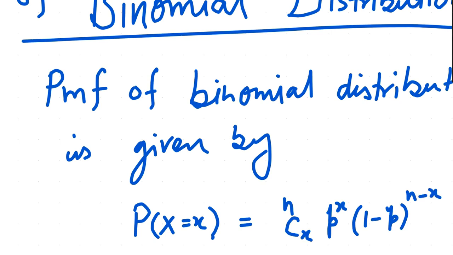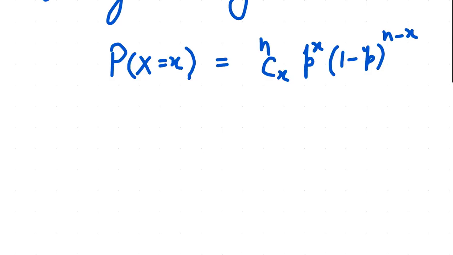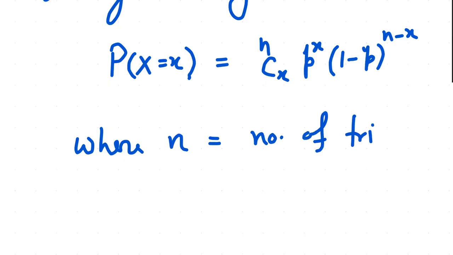So let us learn what these terms, these values n, x and small p, are. Here n is equal to the number of trials. Number of trials means if we toss a coin 100 times, 1,000 times, like this, then we call them the number of trials.